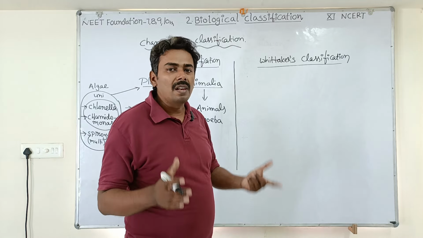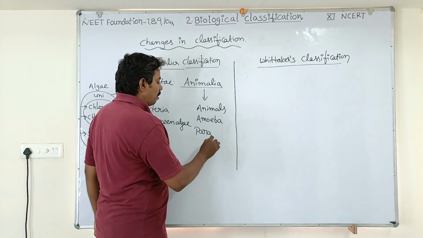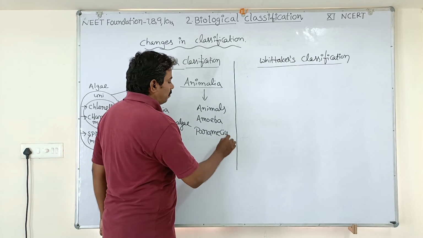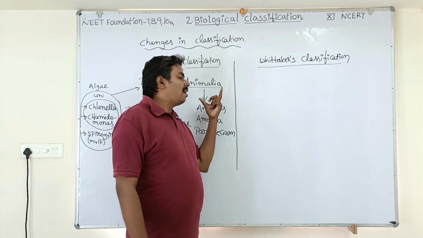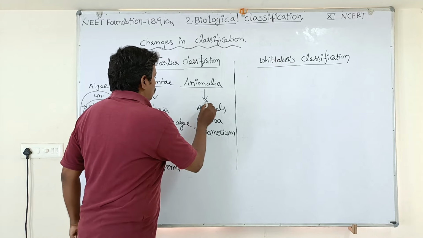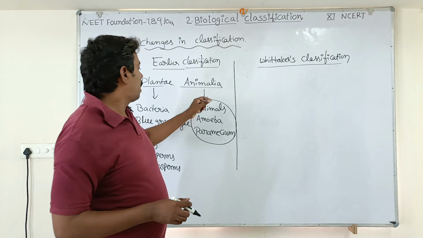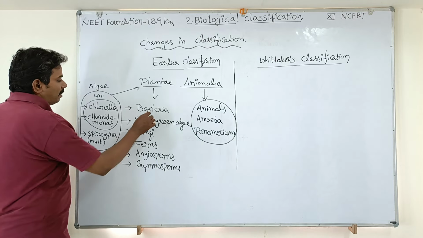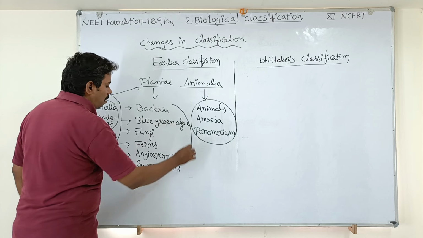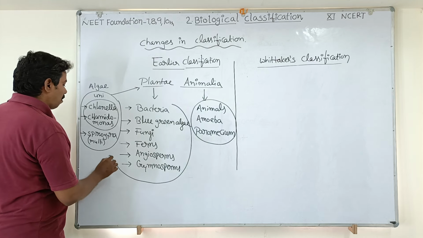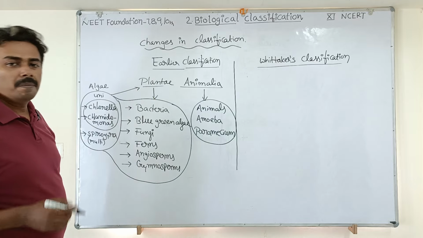Because it lacks a cell wall. Even paramecium, which is a unicellular organism, was also placed under kingdom Animalia. So all these used to be members of kingdom Animalia. And bacteria, blue-green algae, fungi, ferns, angiosperms, gymnosperms were all kept under kingdom Plantae.